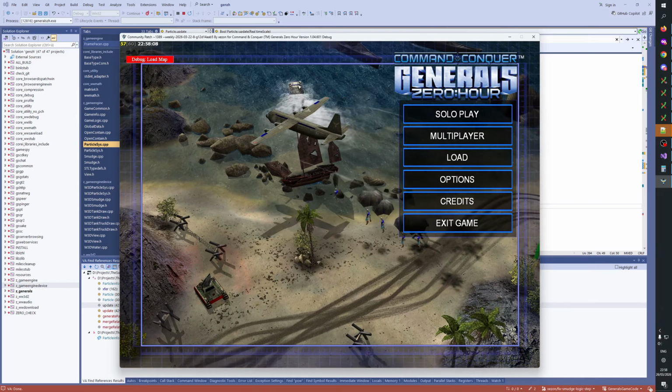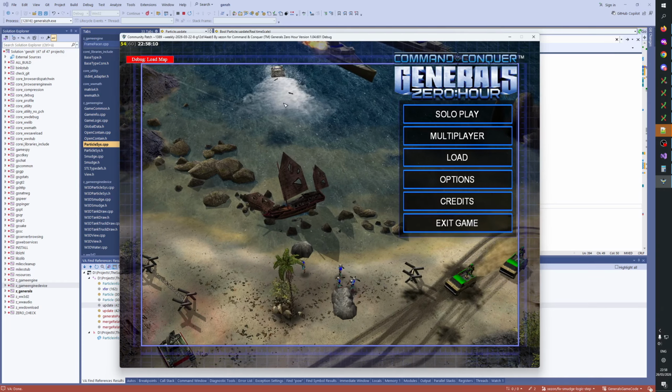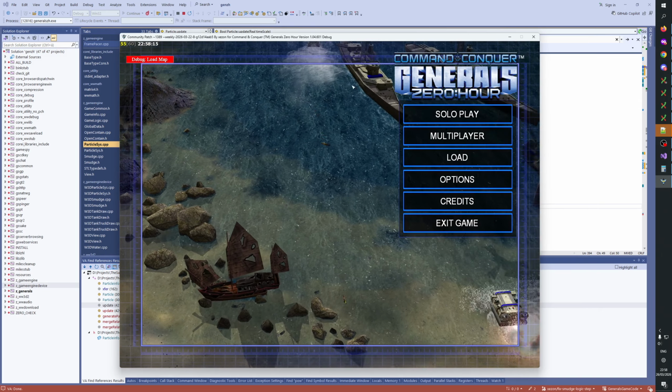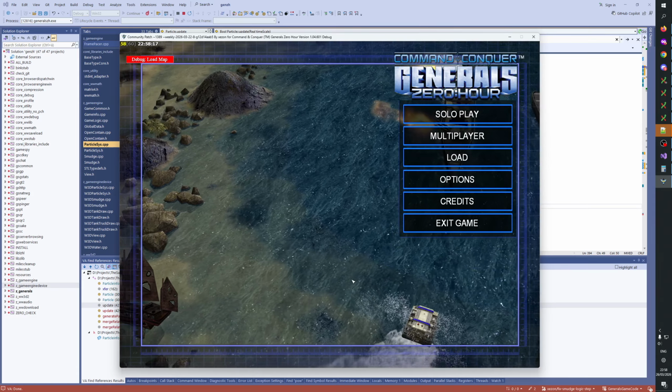The velocity looks okay now here on the boat. The bombardments here also look okay to me.